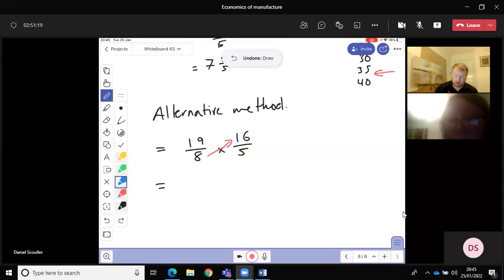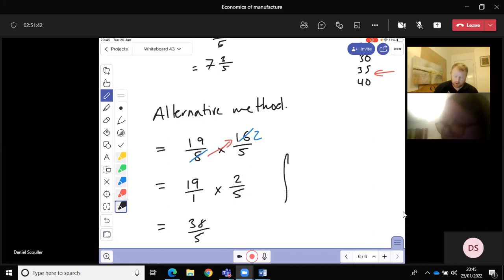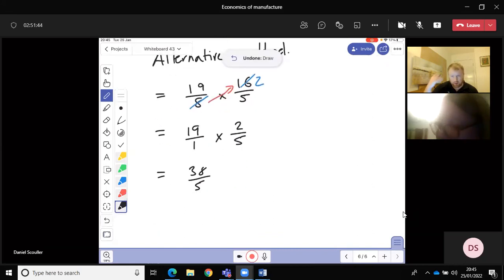That will leave me with 19 over 1, which is just 19, multiplied by 2 over 5, which will just give me 38 over 5, which is a hell of a lot quicker than going through that long multiplication process. Okay, which will give me my 7, 3 over 5.